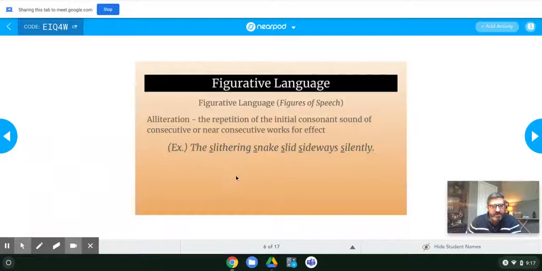The initial consonant sound in this sentence would be the S sound. So anytime you write a sentence and the first letter of all of the words makes the same sound, that gives the effect of a type of figurative language. Any questions on that one?